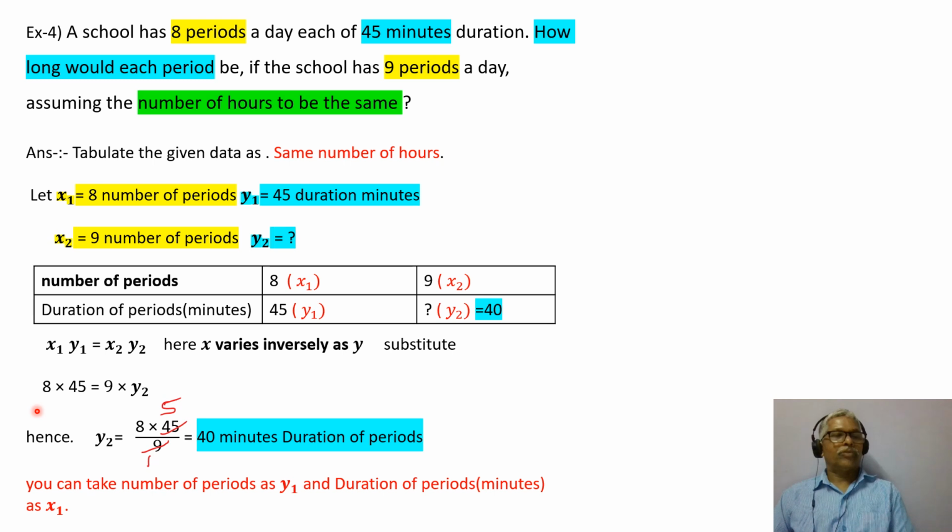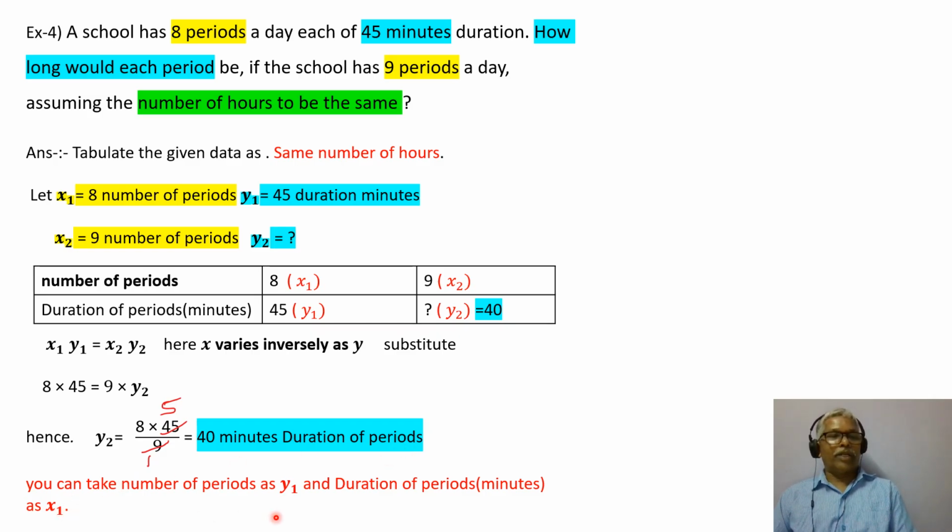So 8 into 45 equals 9 into y2. So cross multiply, 9 will go to the denominator side. So 8 into 45 upon 9. 9 fives are 45, so 8 fives are 40 minutes, the duration of the period.